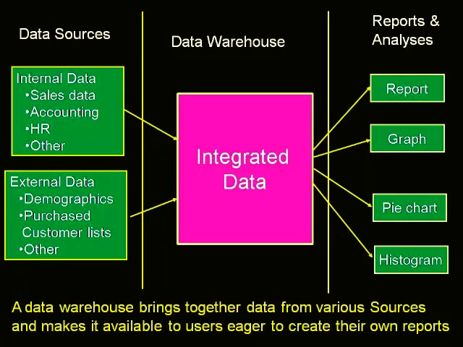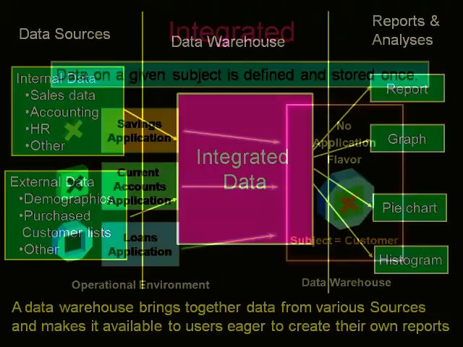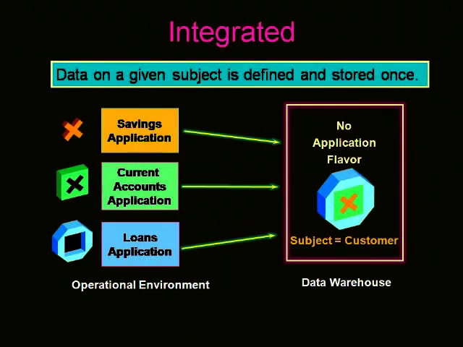So what is integrated here? Integrated means data on a given subject is defined and stored only once. For example, if you observe the slide, in an operational environment, we have three different kinds of applications: savings application, current accounts application, loans application. They are all designed by taking the application requirements into account.